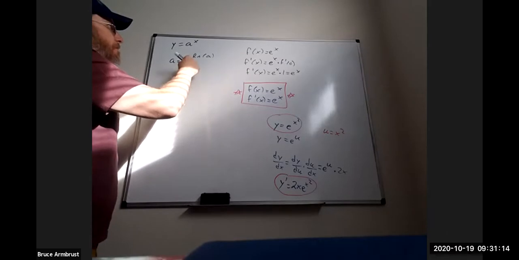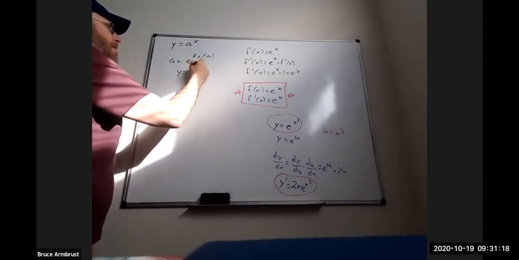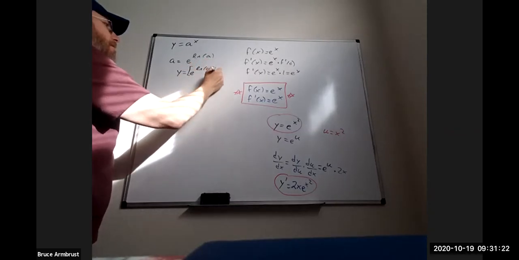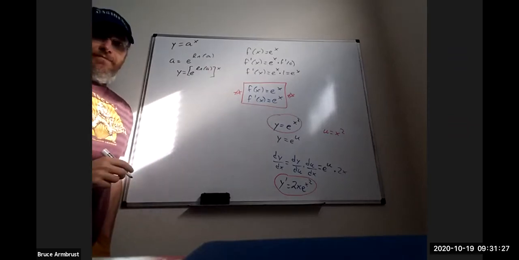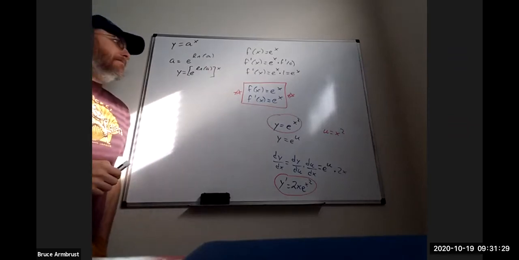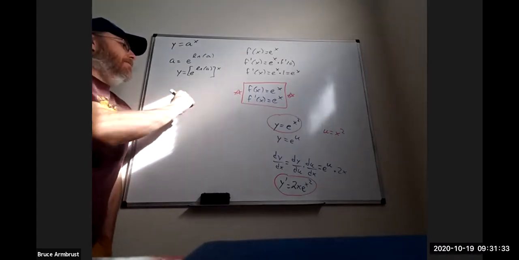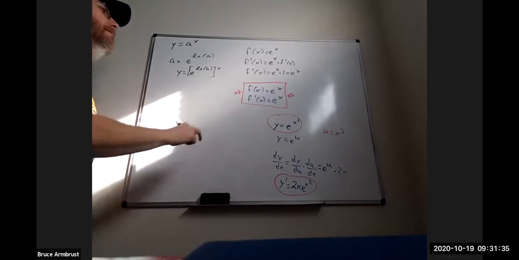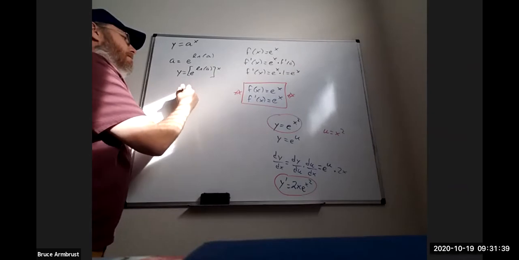All right, well, let me substitute that in. So we get y equals e to the natural log of a, raised to the x. And then by the rules of exponents, since I'm raising to a power, I can just multiply those exponents together.